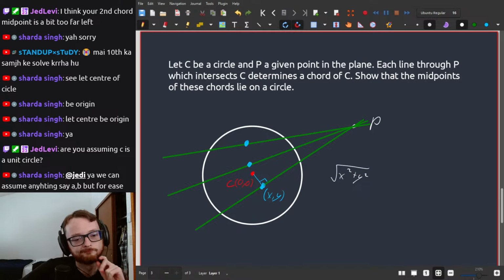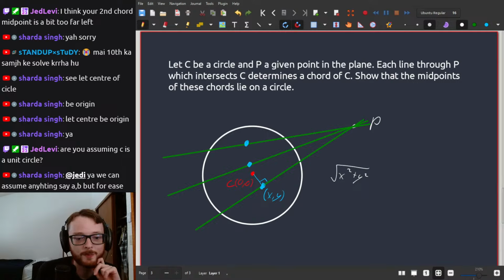Is the point here that... I was kind of thinking overall the goal should be to show that all of these distances are equal.